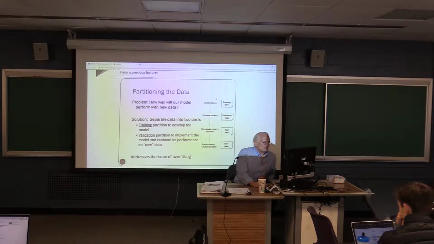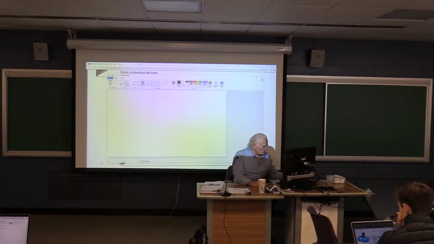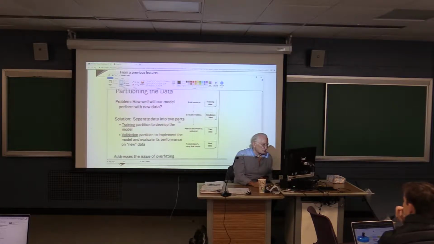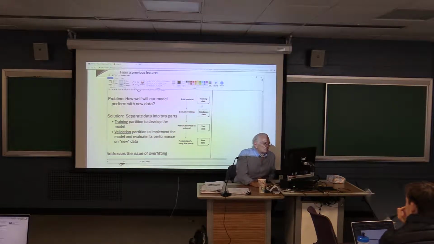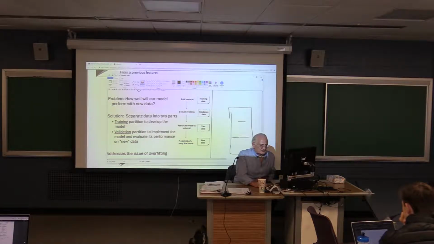When we worked with multiple linear regression, a model was generated from the training data. Initially you have a whole file. We want to take a certain percent of that for training, a certain percent for validation, and we can have a certain percent for test.